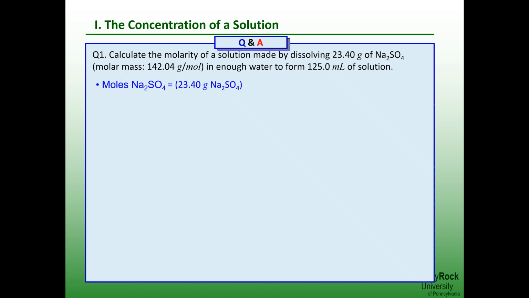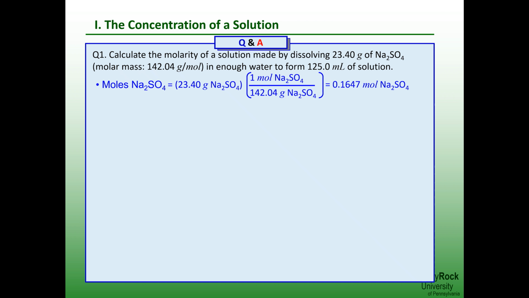Since the molar mass of sodium sulfate is 142.04 grams per mole, 23.40 grams multiplied by a conversion factor of 1 mole over 142.04 grams, or alternatively divided by 142.04 grams per mole, gives us 0.1647 moles of sodium sulfate.